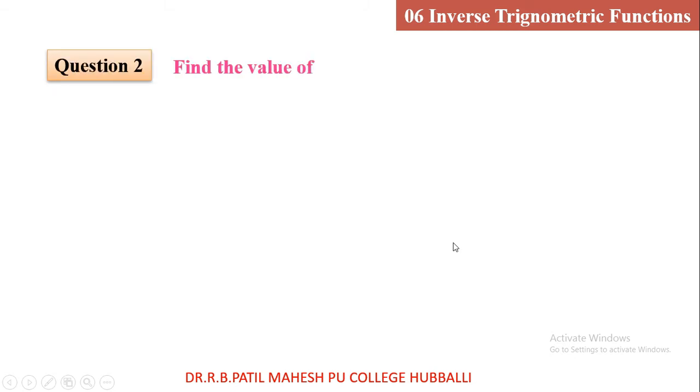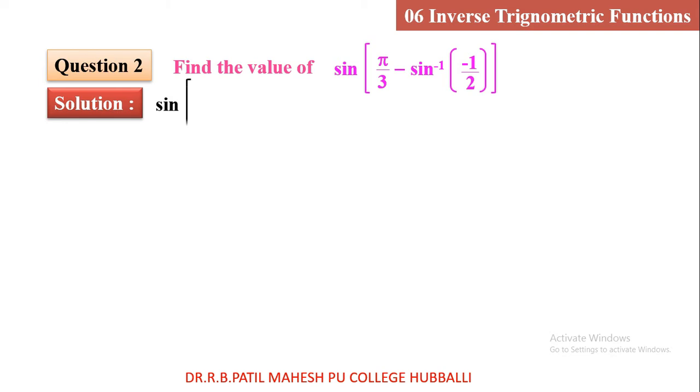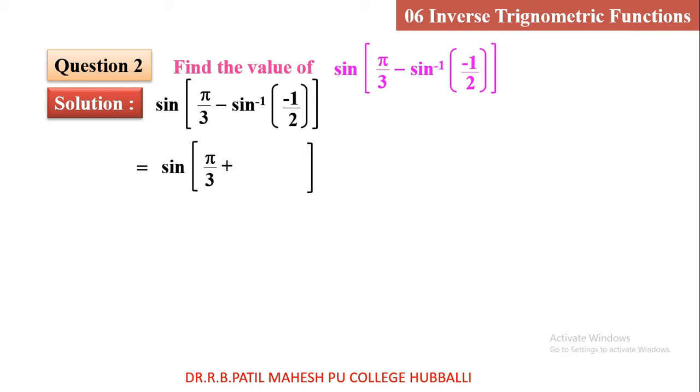Question number 2. Find the value of sine of pi by 3 minus sine inverse minus 1 by 2. Take the expression sine of pi by 3 minus sine inverse minus 1 by 2. Here also I am going to use some simple properties, pi by 3 as it is, plus, because sine inverse of minus x can be written as minus sine inverse x.